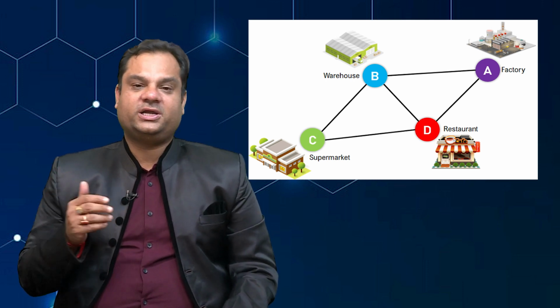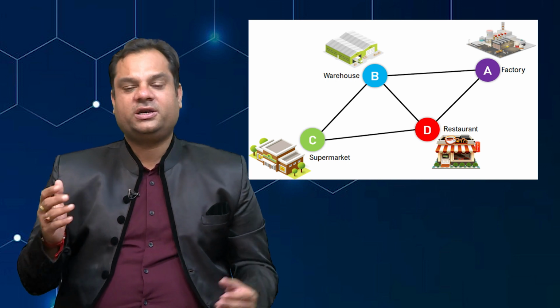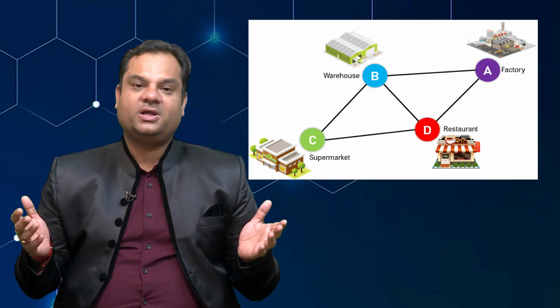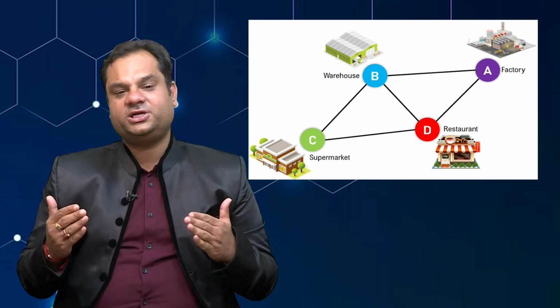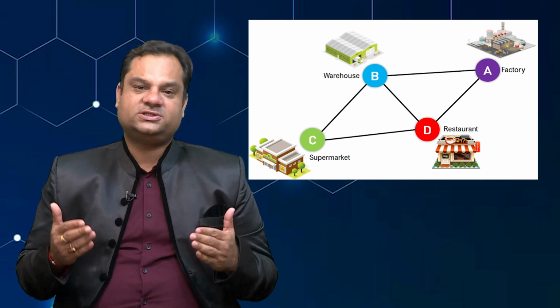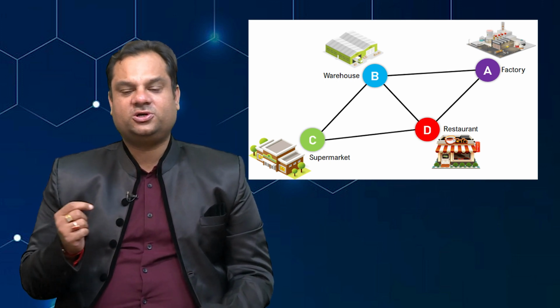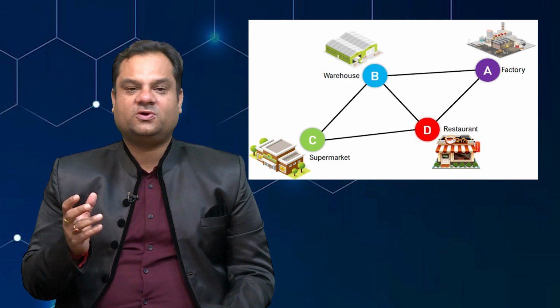So that's a complete connection of all the things. All are connected with each other, and all require communication between them. And when we need communication, we also require a transportation facility from one place to another. Like that, from this pictorial diagram, we can understand the concept of a graph.